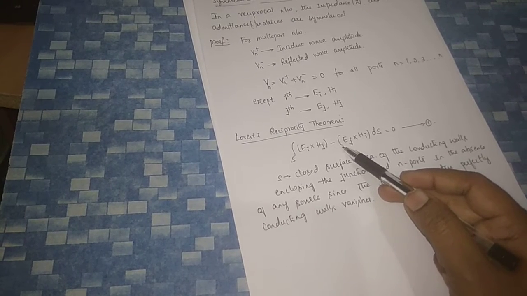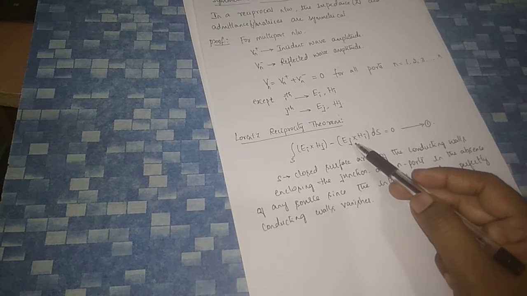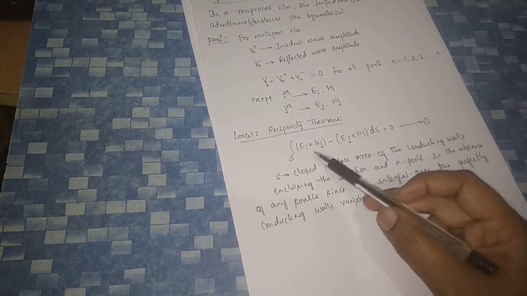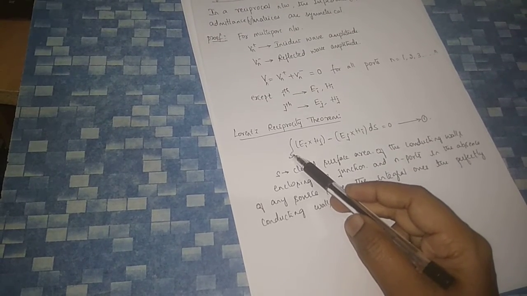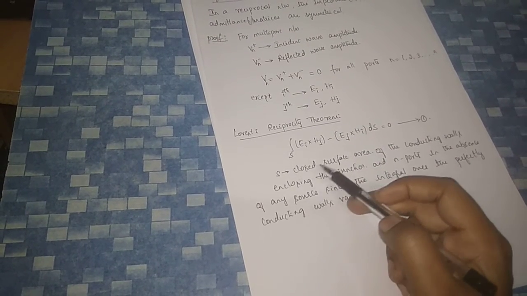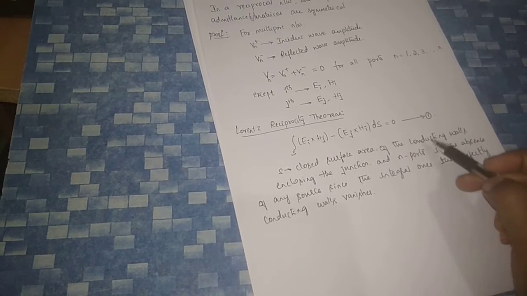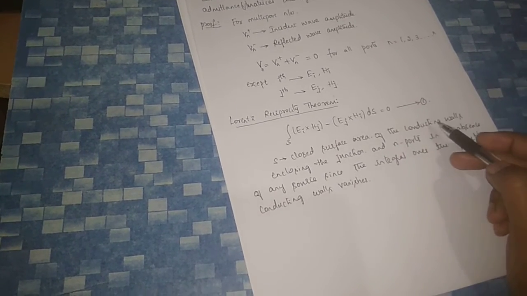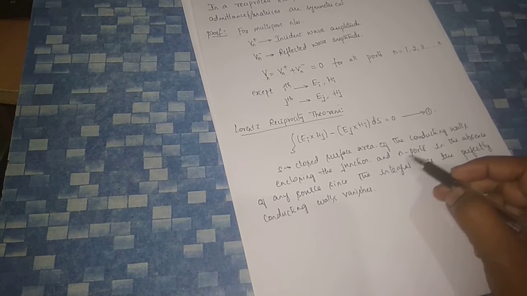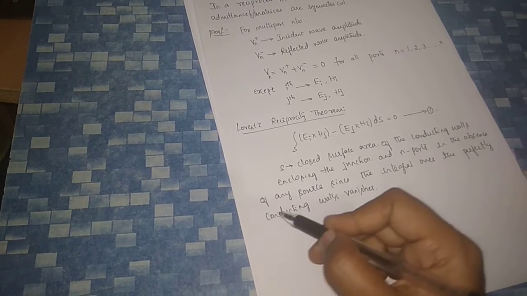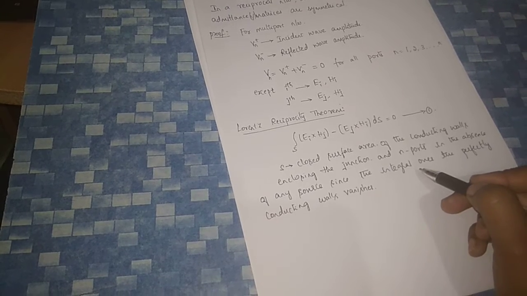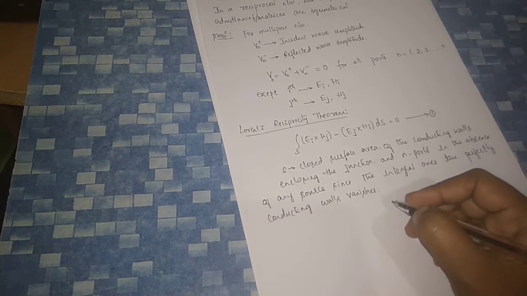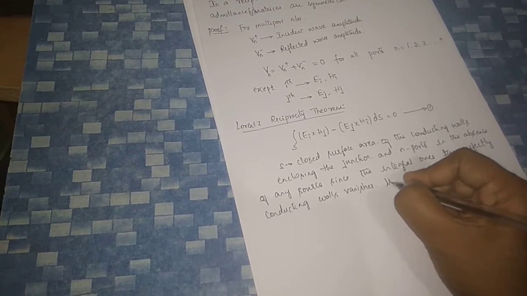If you are considering the i and then j port, which gives you the fields Ei and Hi and Ej and Hj. So here the integral over S is the closed surface area of the conducting walls enclosing the junction and the end ports in the absence of any source, since the integral over the perfectly conducting walls vanishes.